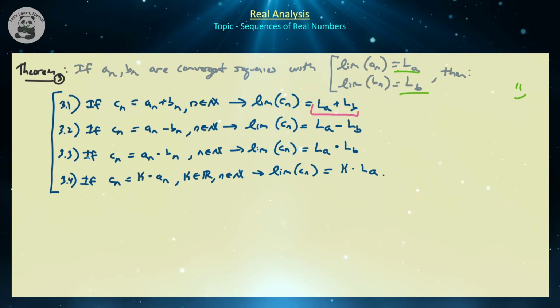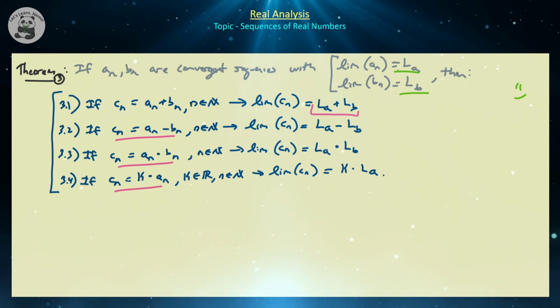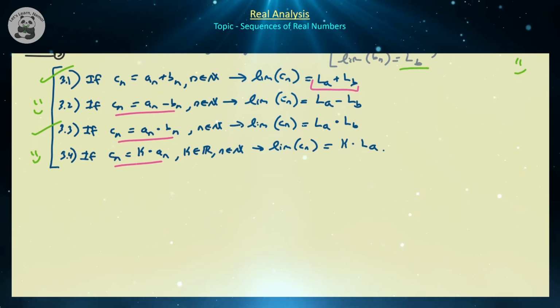Similarly, the same can be said for the differences between sequences converging to the difference in limits. The same thing can be said about the products and also scalar multiples of convergent sequences as well. Right? I'll prove 3.1 and 3.3 for you, and I'll leave 3.2 and 3.4 for you as well, since the proofs are very, very similar.